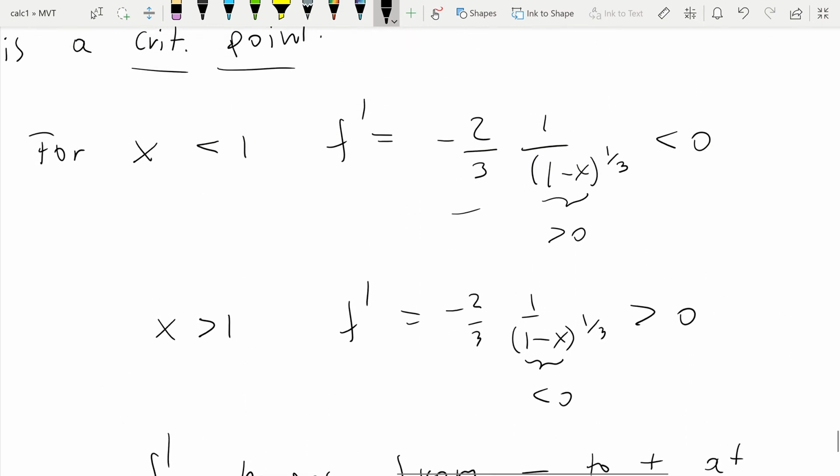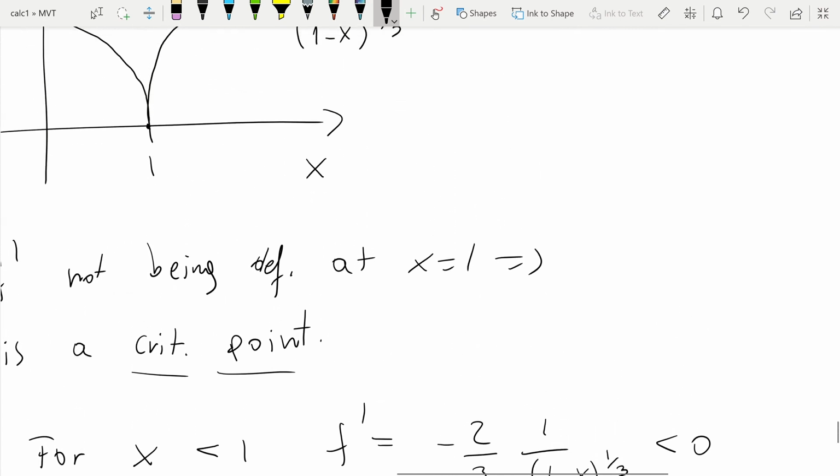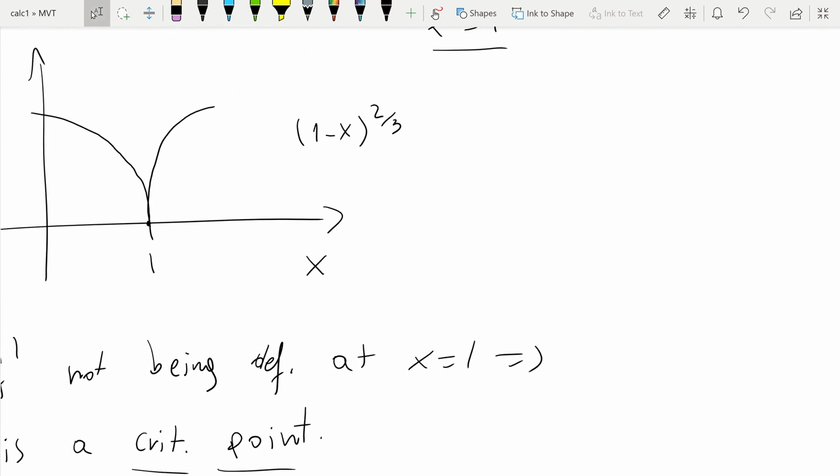Right, and we can confirm that by simply looking at the graph here. 1 is a point at which 1 minus x to the 2/3 doesn't continue decreasing any further after you reach 1 from the left, and it starts increasing after, so it's a local min. There are no smaller values than that for this function.